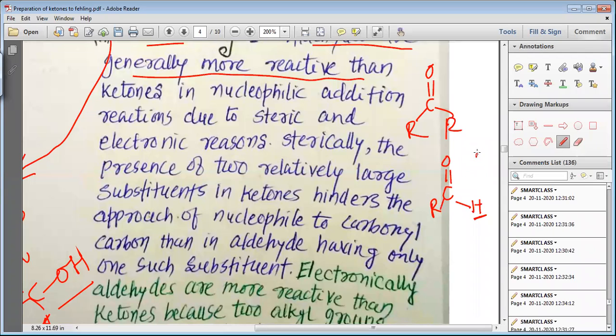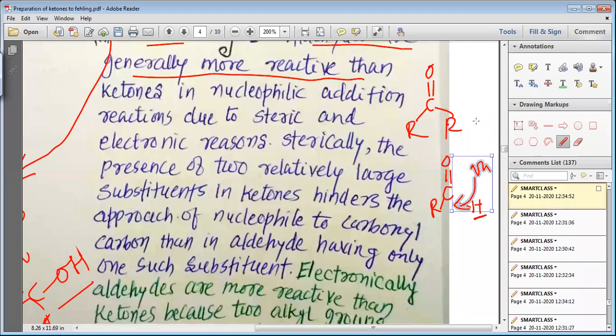So the attack of the nucleophile becomes easier from this side, but in a ketone the attack of the nucleophile is difficult. That is why we can say that aldehydes are more reactive than ketones for the nucleophilic addition reaction.